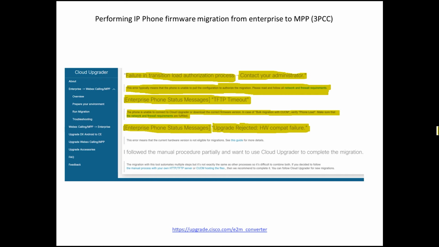So before you go through this whole process of purchasing licensing and getting everything prepped, you definitely want to verify that the hardware is eligible. If it's not eligible, then the results are going to be null. It's just going to consume time and money, and you're not going to be able to do what you want to do. So definitely look at the previous slides, where I had a different URL at the bottom of the page, which is the white paper document.